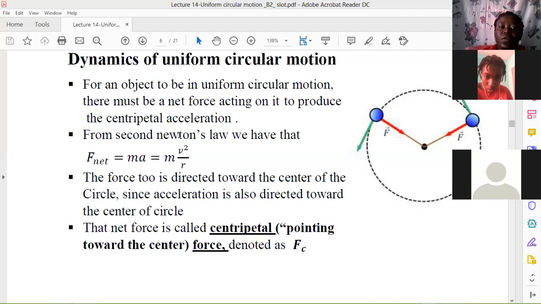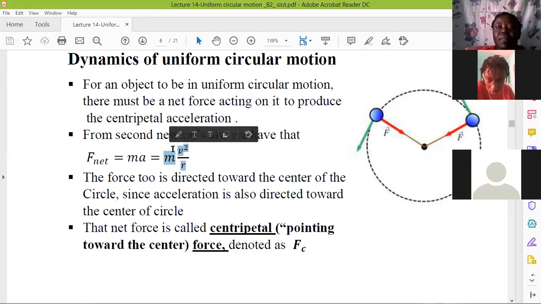If we substitute the value of the acceleration from our kinematics of circular motion, where the acceleration is given by v squared over r, then the force in circular motion is equal to the mass times the centripetal acceleration. So the net force is equal to the mass times the speed squared divided by the radius of the circle.